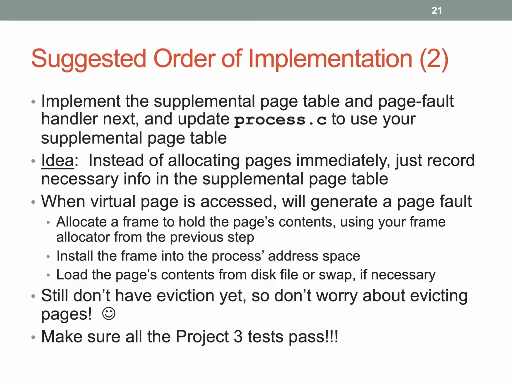Question: where should we add pages to the supplemental page table? There are 3 things that modify the supplemental page table. Program load, because you're scanning through the ELF binary sections, and that says what parts of the address range are valid. So that'll update the supplemental page table.